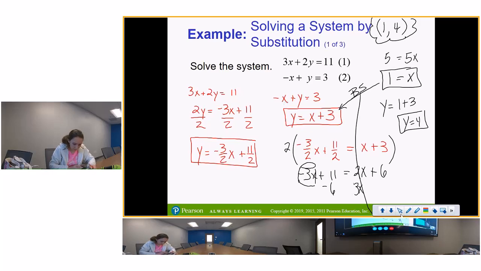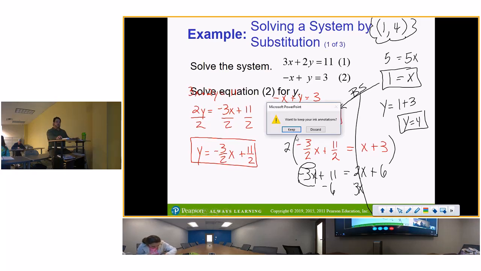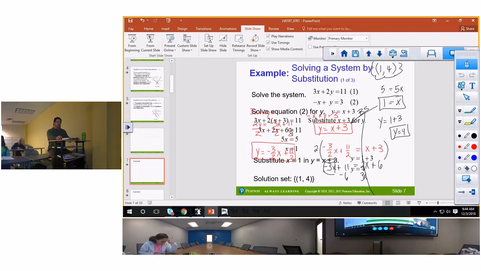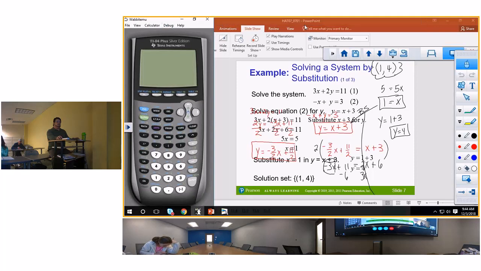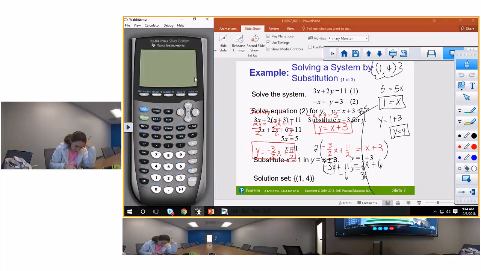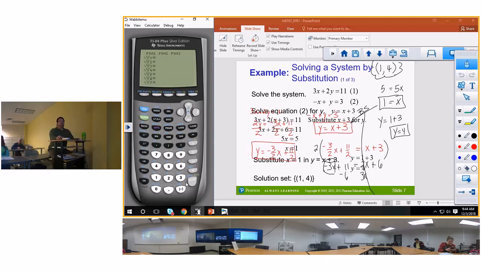I'm going to pull up my calculator. Man, I'm going to have to get off of this right quick, so just hold on. And pull up my calculator. Y is equal to negative parentheses 3 divided by 2 close parentheses x plus parentheses 11 divided by 2 close parentheses.